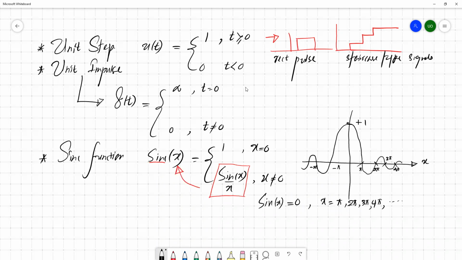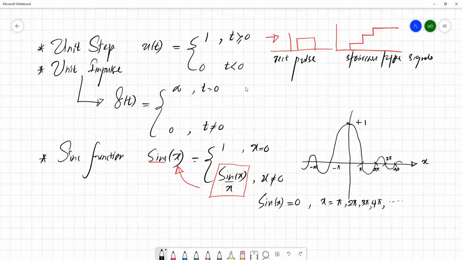If you have rectangular pulses or staircase type signals, you can simply use the unit step function to replace these forms. Then you can do any kind of mathematical manipulation with these unit steps, rather than keeping them as a rectangular pulse or a staircase pulse.